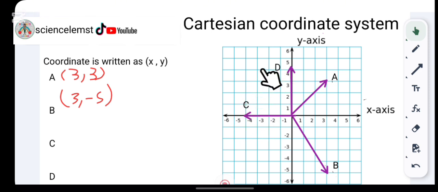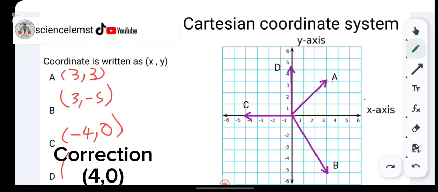We don't have any value for y, so C is going to be -4 and 0. Let's look at D. It's lying exactly on the y-axis, so the value will be 0 and 5.